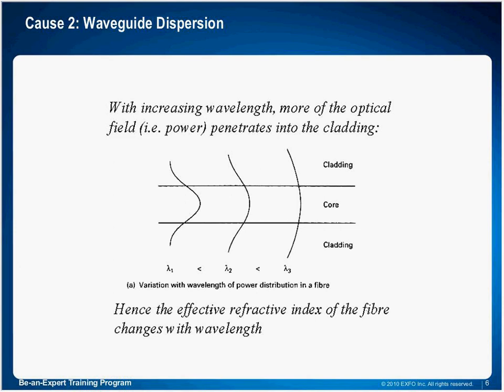Versus a shorter wavelength like lambda 1, where a lot more of the energy is traveling in the core and not in the cladding. So we can get an idea of how you use a dispersion-shifted fiber. You're actually going to be modifying the composition of the cladding and the refractive index of the cladding to decrease the total amount of chromatic dispersion that occurs.